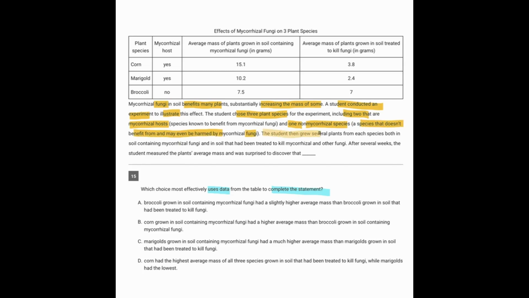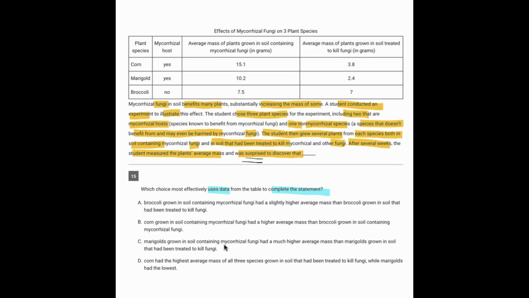The student then grew several plants from each species, both in soil containing the fungi and in soil that had been treated to kill the fungi. After several weeks, the student measured the plant's average mass and was surprised to discover... So we're looking for a surprise here, and a surprise to what claim?